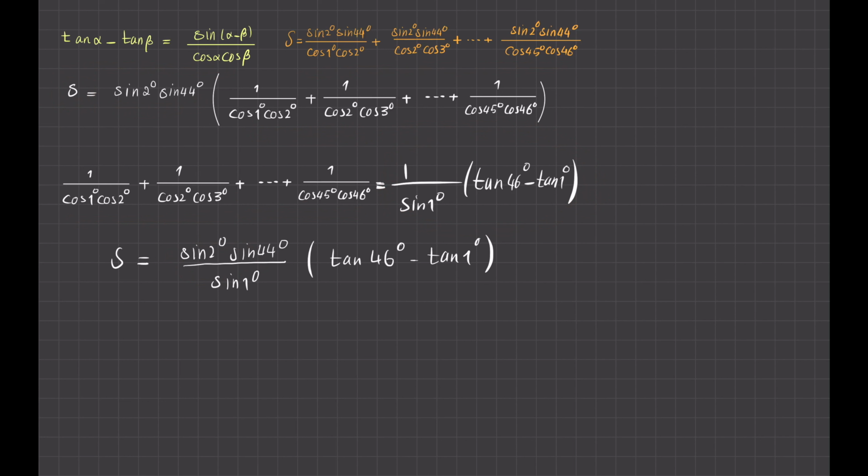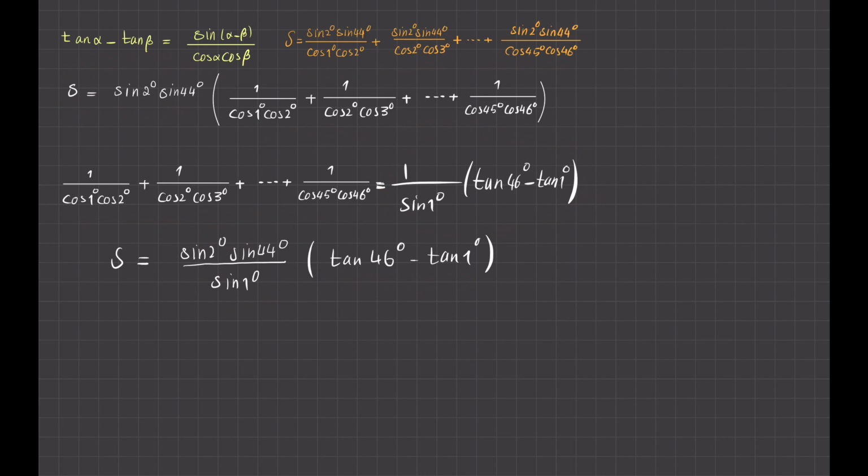Okay, but still it's far from calculating the exact value. So the other trick is to use this identity again for this one to go back to sine and cosine, hoping that those sines and cosines appearing from here and these sines can somehow be combined.